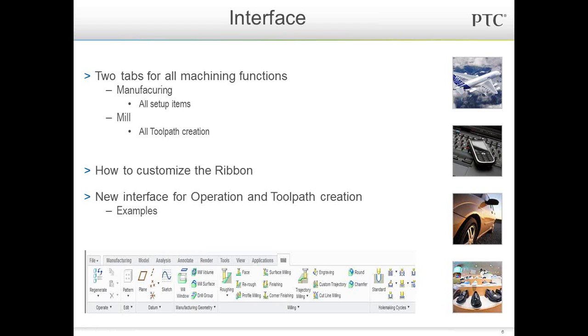You'll see post-processing and gouge check and Vericut and all that other stuff within the Manufacturing tab. And then in your Milling tab, you will find all of your functions based on milling ideas. If you are using the turning functions within Pro E or Creo, forgive me, I still say Pro E sometimes, you will also see a Turning tab sitting right next to it.